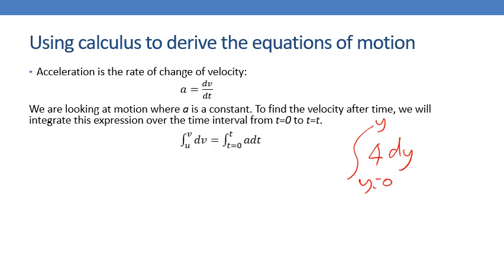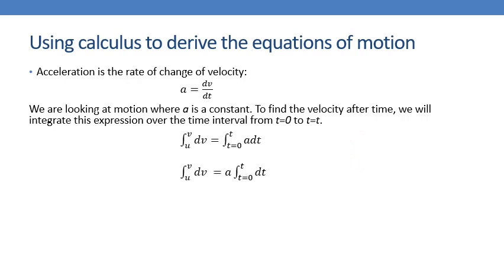The integral of 4 times dy, you should say to me, will be 4y between y and y equals 0. So the a is a constant, just like the numbers are constants when you are integrating in maths.